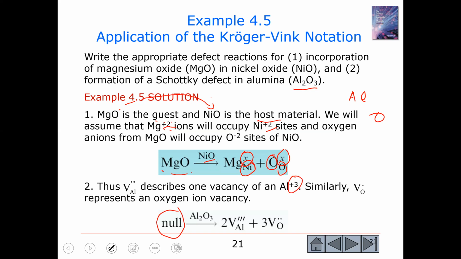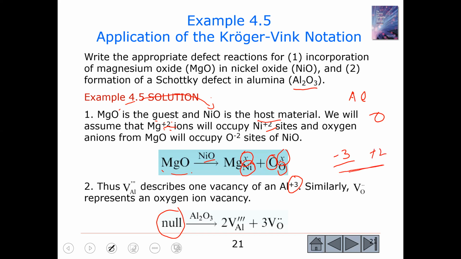So when an aluminum gets out, it is going to result in minus 3, because plus 3 has gone out. So the resultant charge on the material will be minus 3. When oxygen leaves, oxygen is minus 2, so the resultant charge on the material will be plus 2.